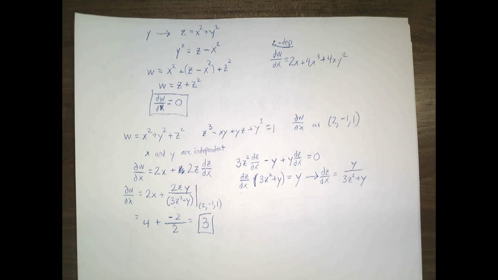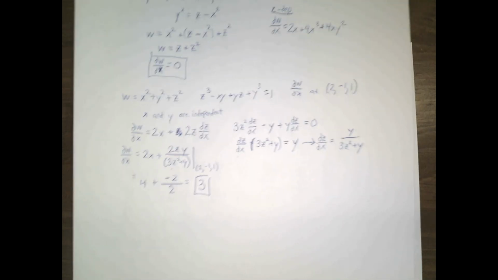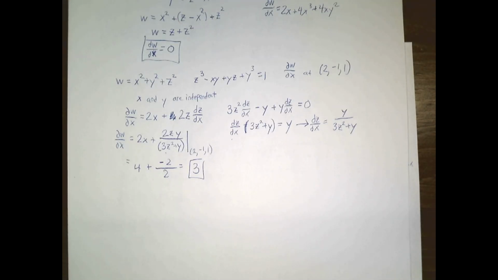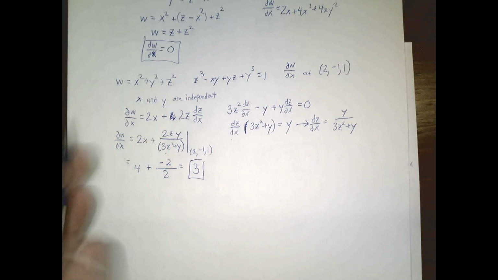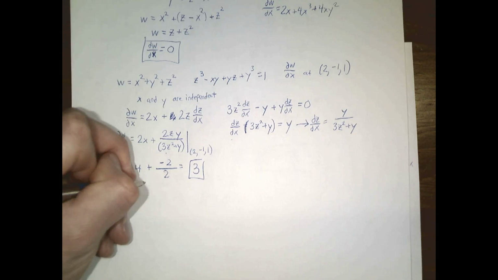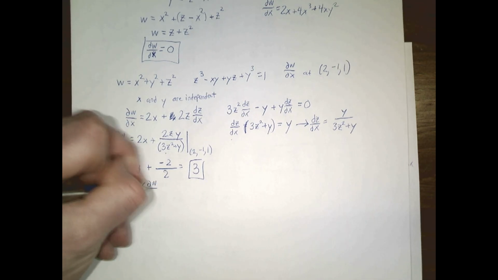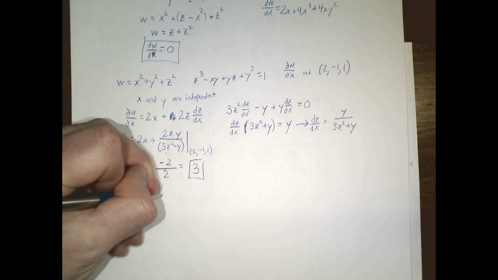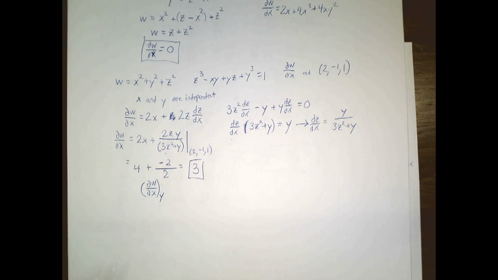There's a notation that is very common when looking at dependent or independent variables. When we did this, we did dw dx, and we kept y constant. This notation is very common if you take an upper level thermodynamics class, which is all partial derivatives all the time.